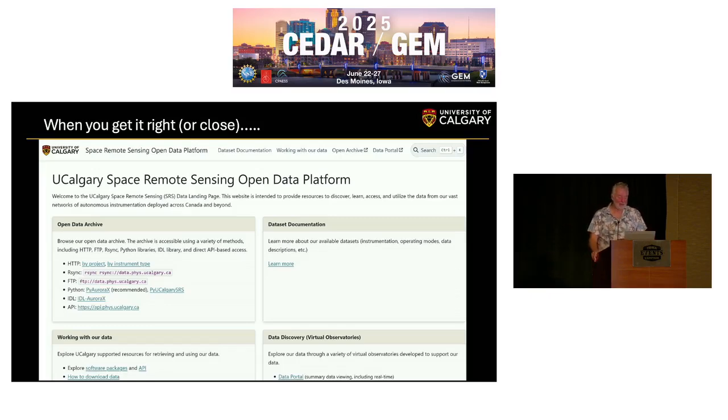But I would say this does point out something, right? Because we're in Canada, and we have, like everybody, limited resources, we tend to go to GEM, right? Because we're largely, in Canada, magnetospheric driven, as opposed to ionospheric and thermospheric driven, and certainly not mesospheric driven.